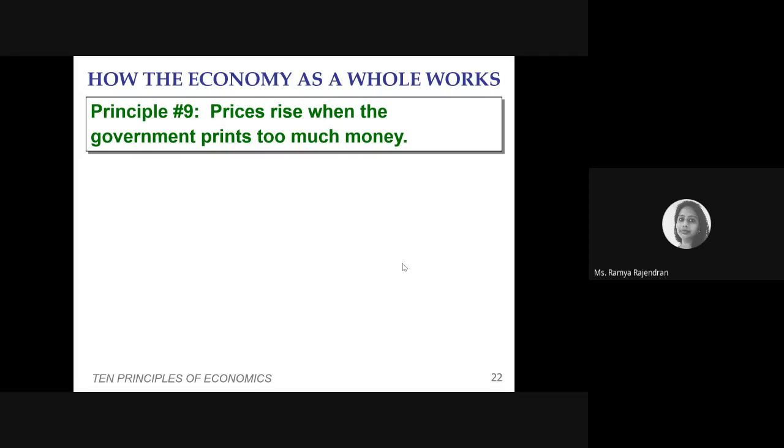Because of that, they just print too much money, and because of this, the prices start increasing artificially and the value of money starts decreasing, which means inflation goes up, and finally you end up paying more for the same product, because the employees are going to get paid more and your household item prices will increase.